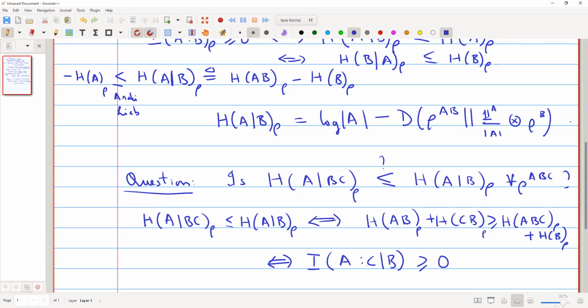I compute the mutual information and average this over all the little b's, which are chosen according to the marginal of B. So classically, the conditional mutual information is an average of unconditional mutual information quantities. The unconditional mutual information is greater than or equal to 0, so its average is also greater than or equal to 0. This would have been a classical proof.